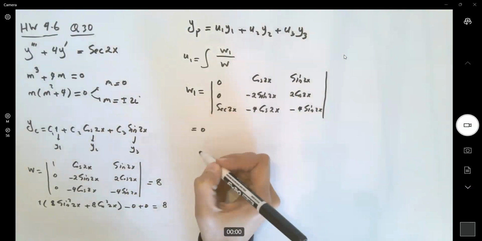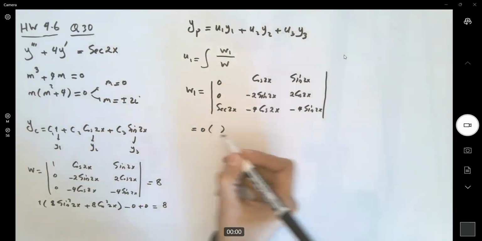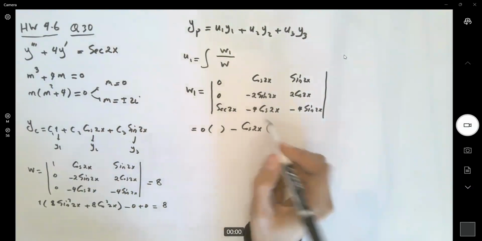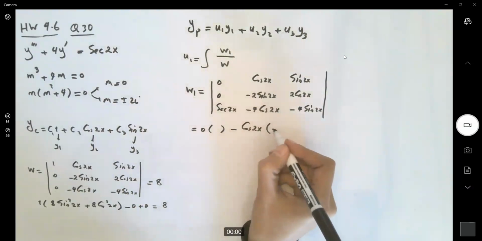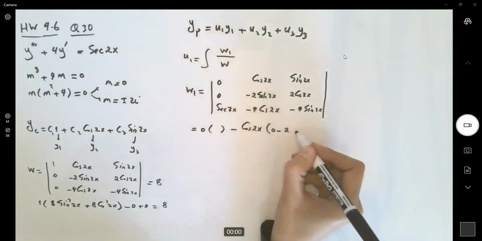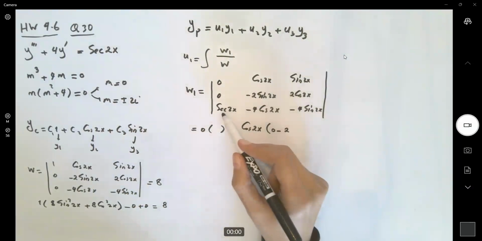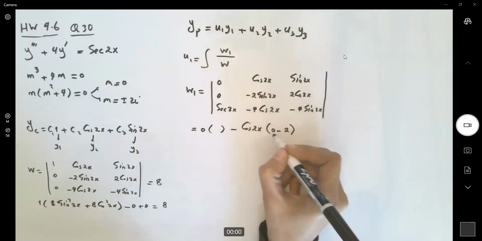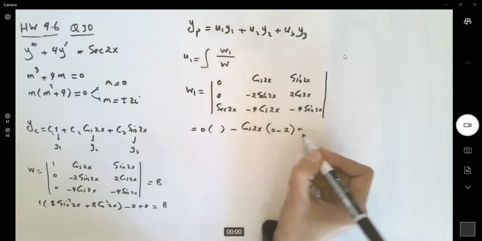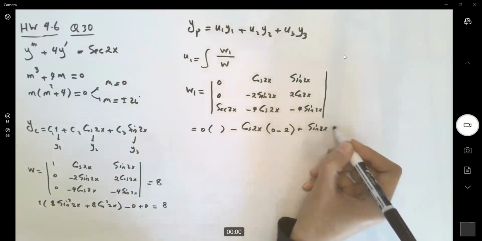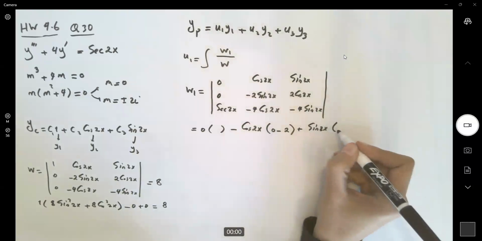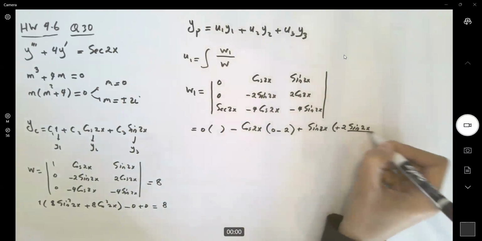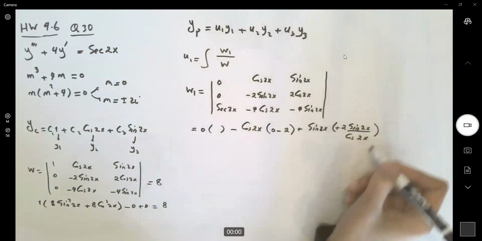So let us find this determinant. This is going to be 0 times whatever it is, minus cosine 2x times 0 minus 2 cosine 2x times secant 2x. They cancel out each other, so you end up with just negative 2, and plus sine 2x times 0 plus 2 sine 2x divided by cosine 2x.